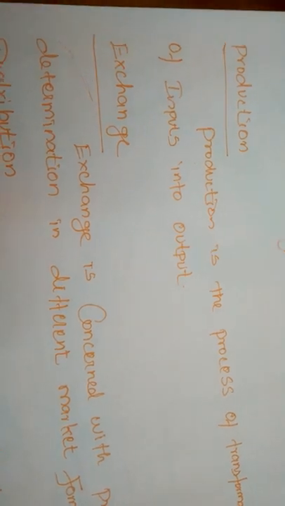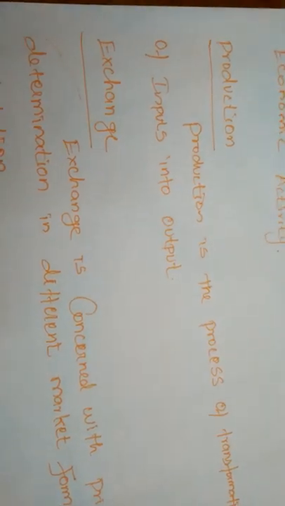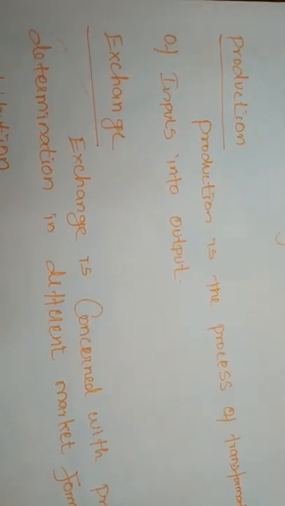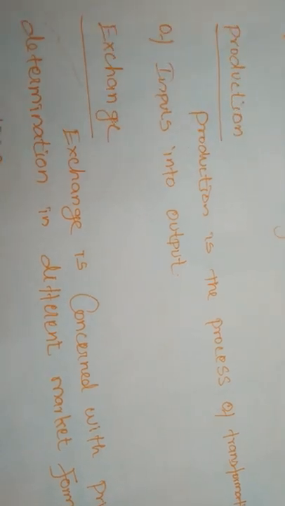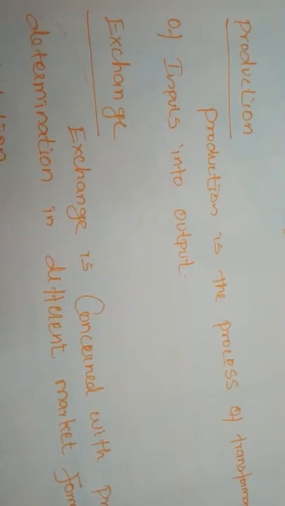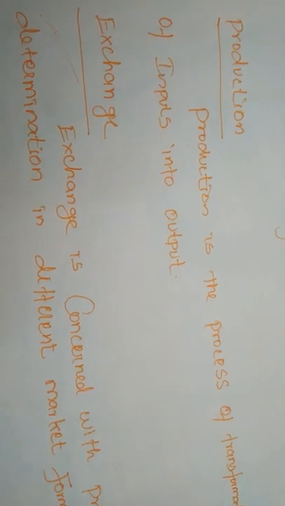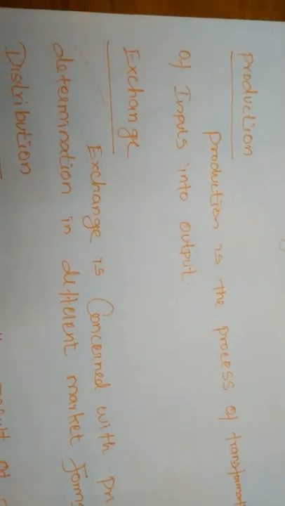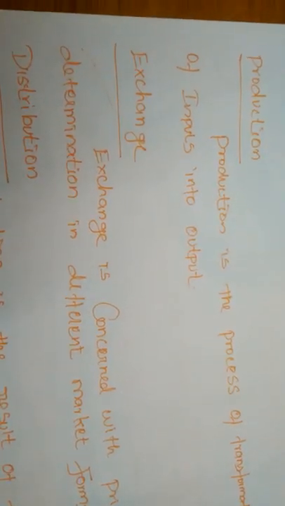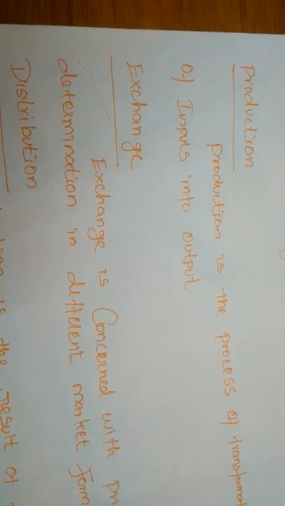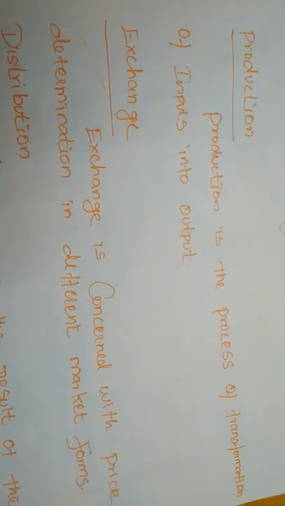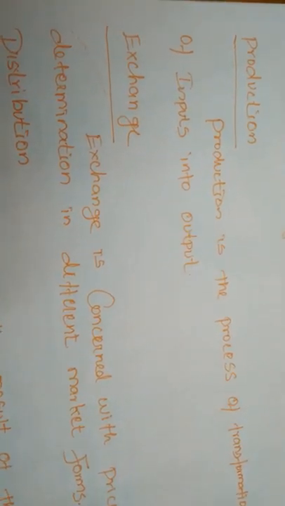For example, for making finished furniture, we must have the raw materials and we must know how to convert the raw materials into the finished product. By having the raw materials, if entrepreneurs know how to make a finished product, this process is called production, right?